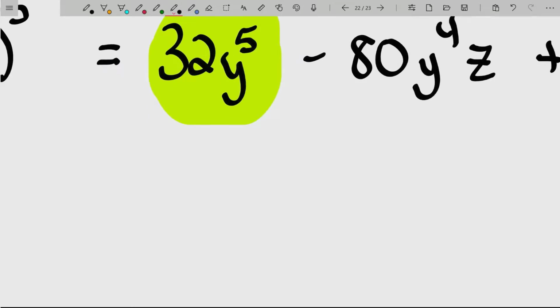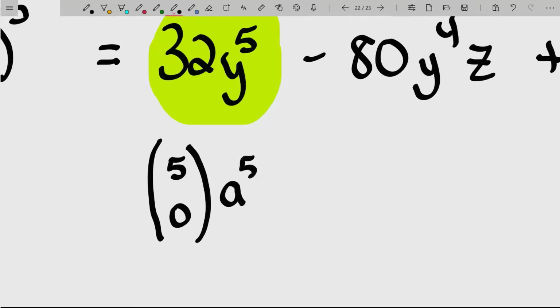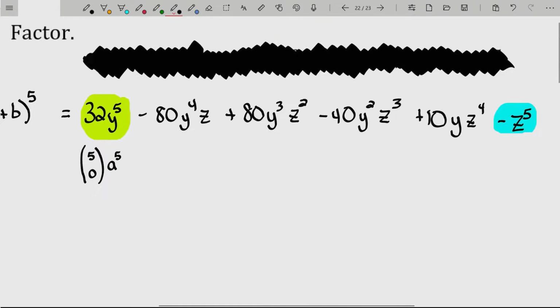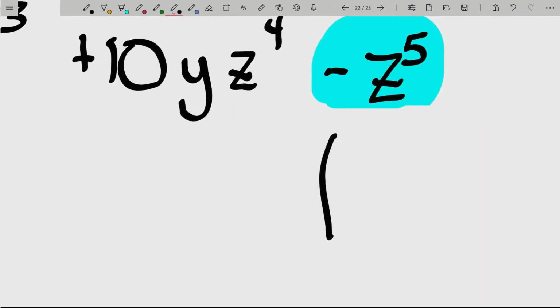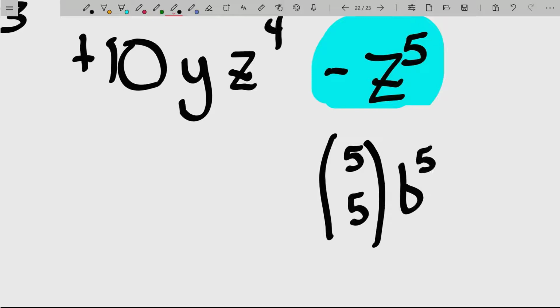So the 0th term is 5 choose 0, times a to the 5th, b to the 0th. So that 32y to the 5th is actually 5 choose 0, a to the 5th. That allows us to find a. Likewise, the last term is 5 choose 5 times b to the 5th.